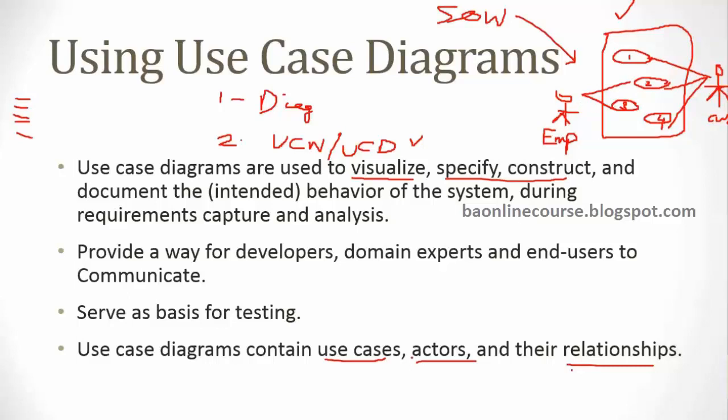Overall, the use case diagram would consist of the use cases, the actors, and the relationships between the use cases and the actors as well. Once this view is there, then we start explaining the details about each use case. That is called a use case narrative. We'll come to that later, but this is the first thing.